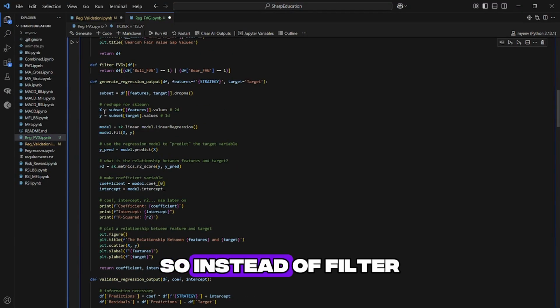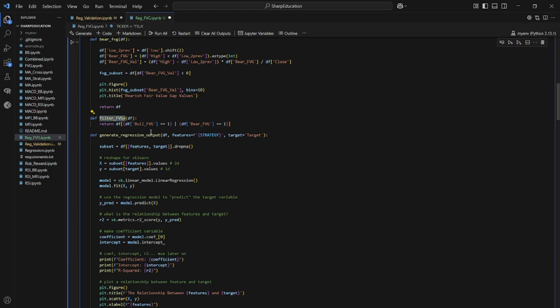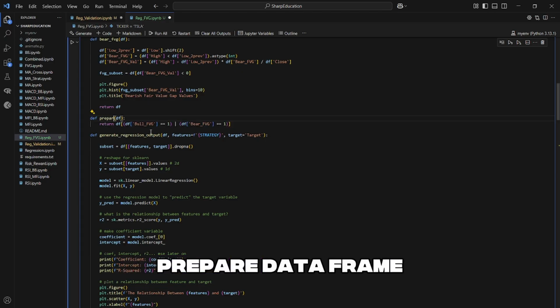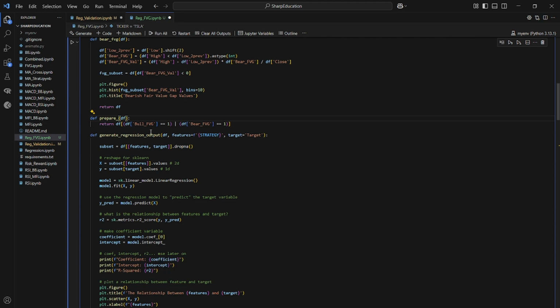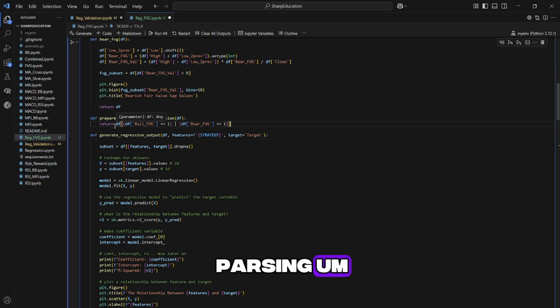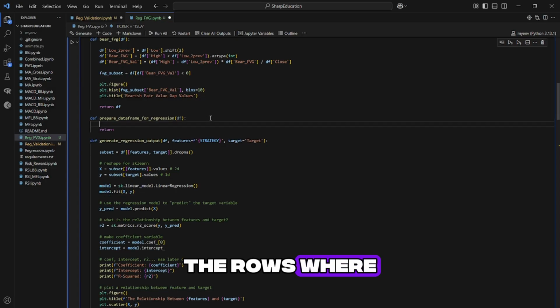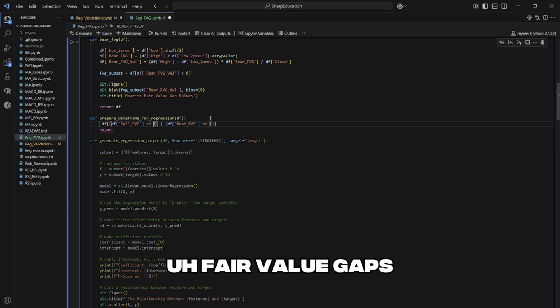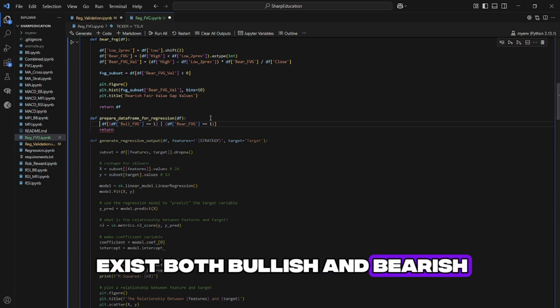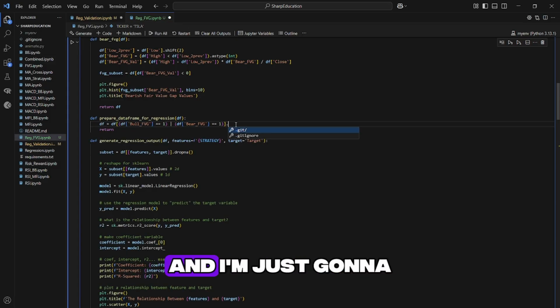So instead of filter FVGs, I'm going to rename this like prepare data frame for regression. So not only are we going to only be parsing the rows where fair value gaps exist, both bullish and bearish, data frame is going to equal this, and I'm just going to make it a copy.